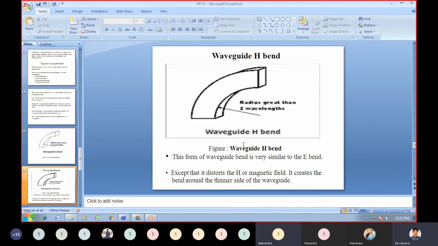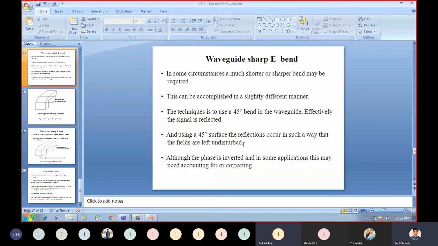But in the H bend, in the H field or magnetic field, we get the waveguide H bend at a 90 degree angle. You need to keep this in mind. Next is the waveguide sharp E bend. In this, the difference is only the angle. At a 45 degree angle, the sharp E bend happens.